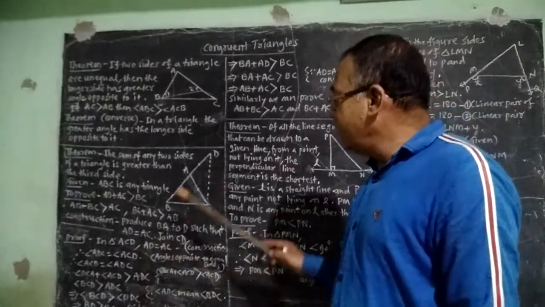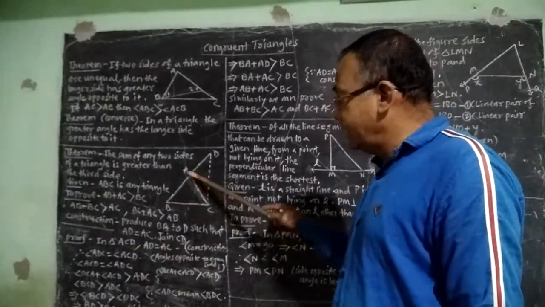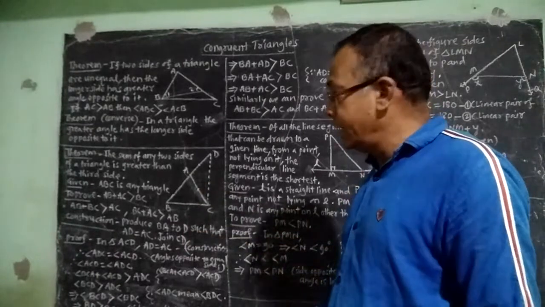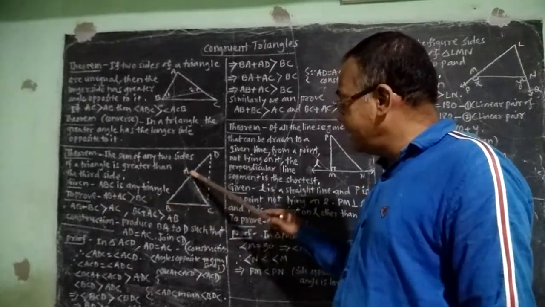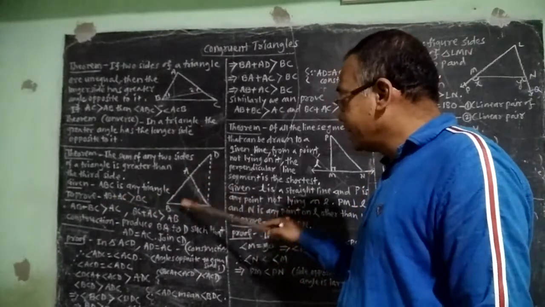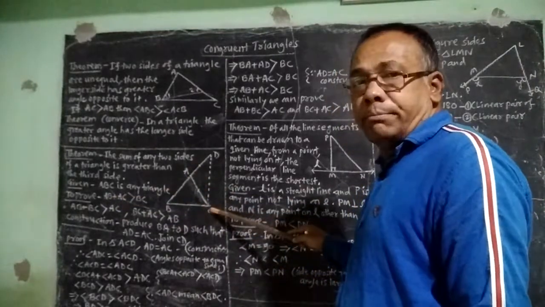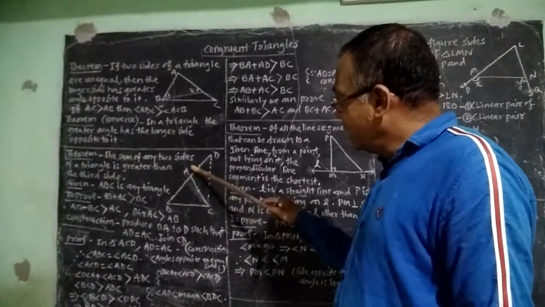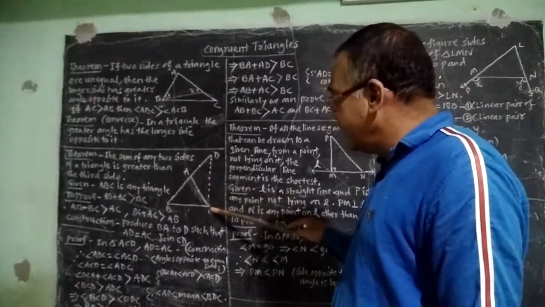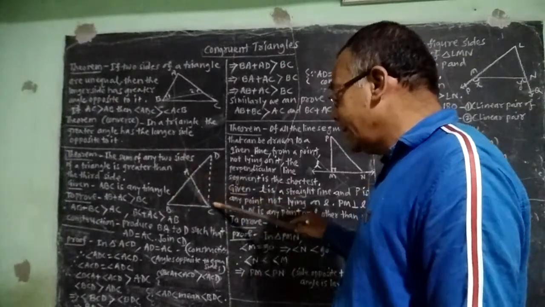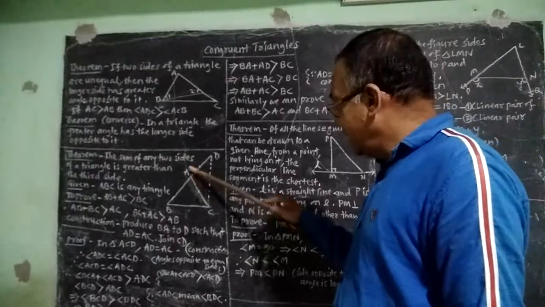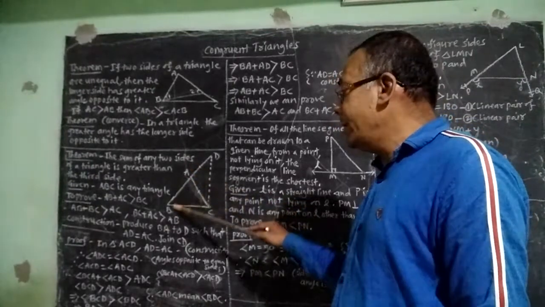Means if we consider the triangle ABC, AB plus AC is greater than BC, or AB plus BC is greater than AC, or AC plus BC is greater than AB.